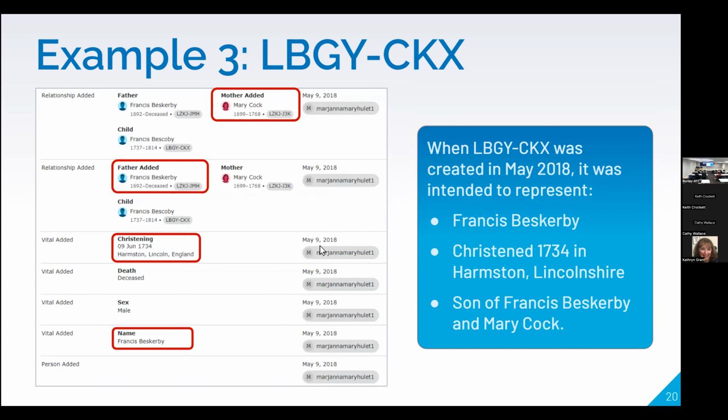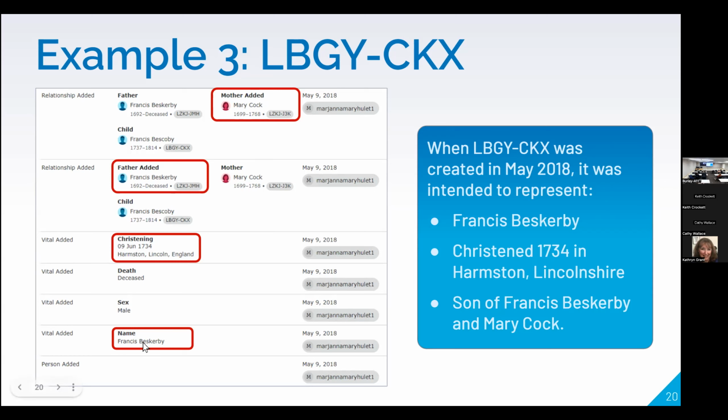So notice when we go to his change log, he was originally intended to be Francis with a slightly different spelling, but not really a huge deal because at this time in England, many people were not literate, so they did not know how to spell their own name. They didn't have the chance for education. So the clergyman or the registrar or whoever would just spell it the way it sounded.